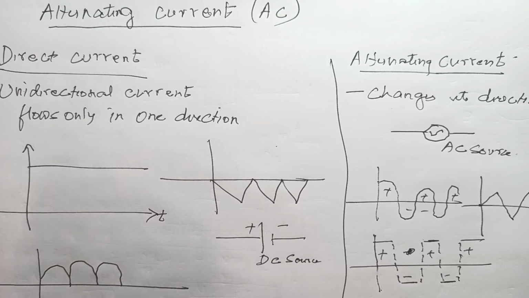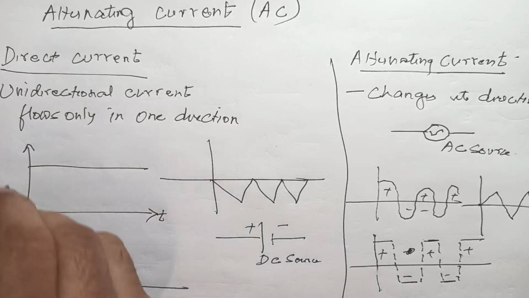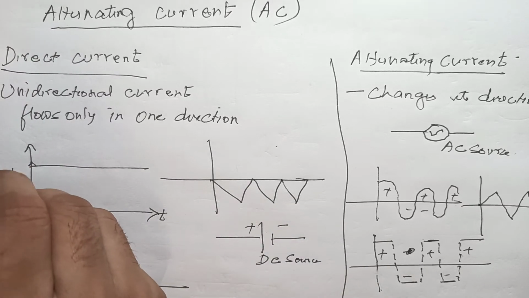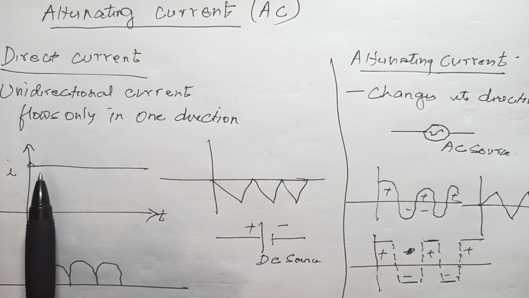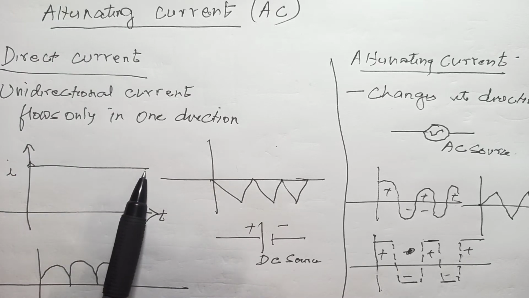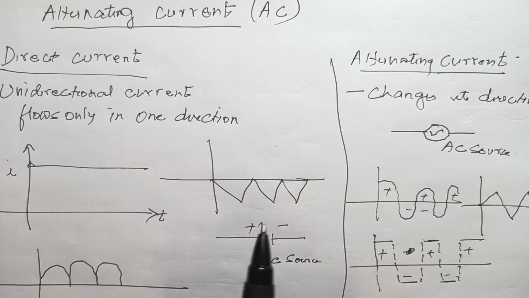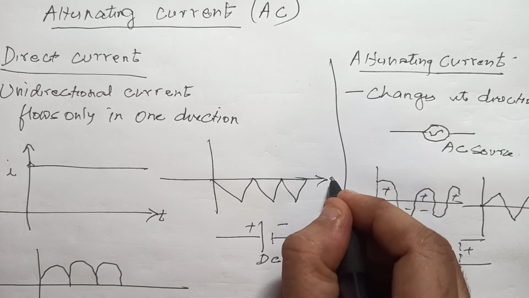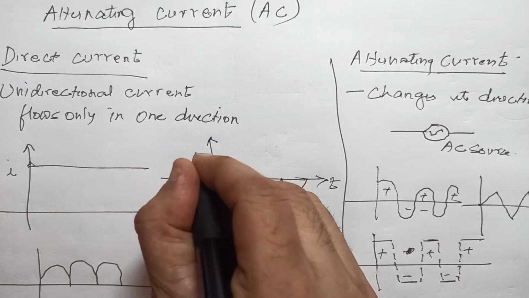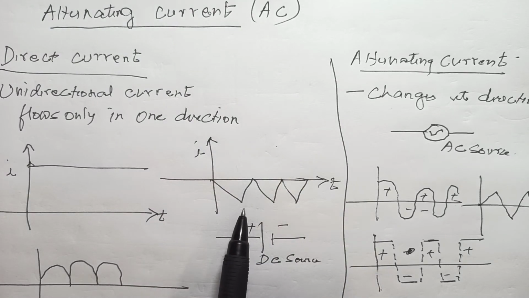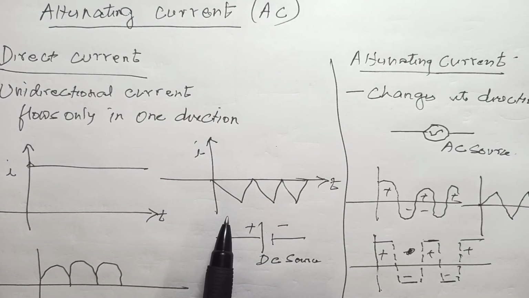Now if I talk in terms of a graph, so this is I. If you see here, the current is only in one direction. Now if you see here as well, same, it's T and I. You see how the graph is.